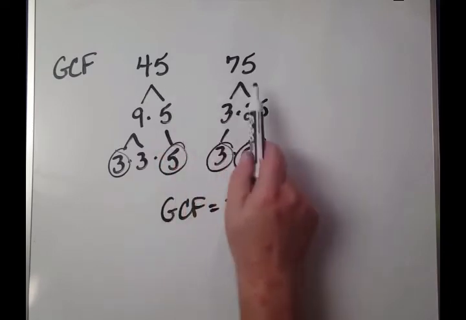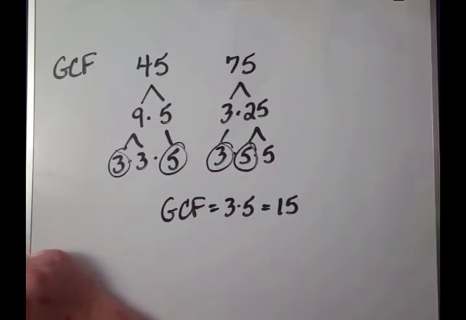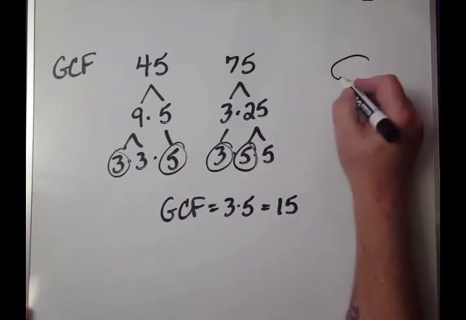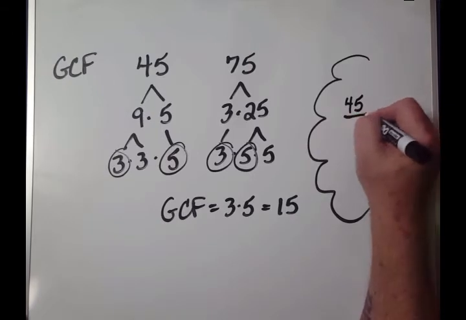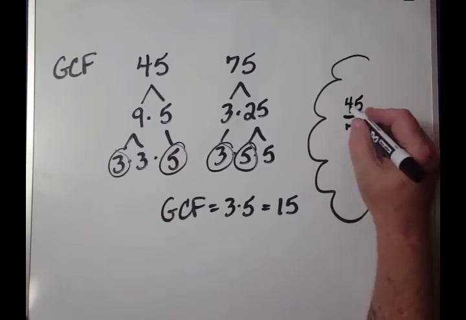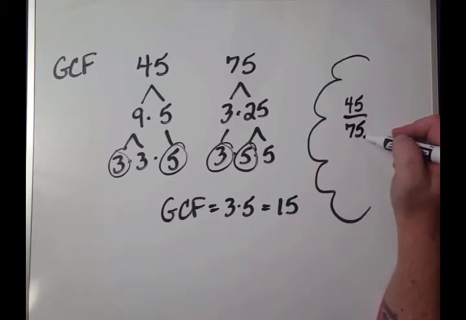Hopefully, the majority of the time, I'll be able to look at the numbers and ponder on it for a minute. And guys, when we're looking for greatest common factor, think of it like this. If I wanted to reduce the fraction 45/75 in a single step, yes, I could divide top and bottom by 5 and then go, oh, I also need to divide out a 3 and do it in 2 steps.